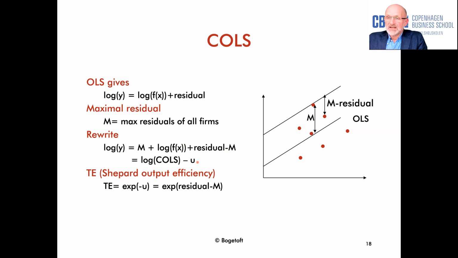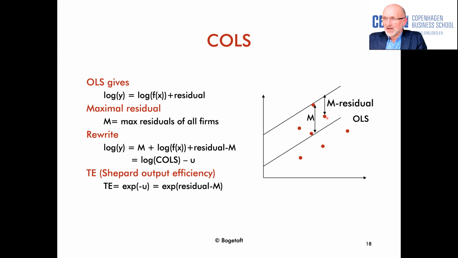So you can estimate the inefficiency term by the residual minus M. If you move the line up, then this guy, for example, has a distance that is now going to be M minus his original residual.